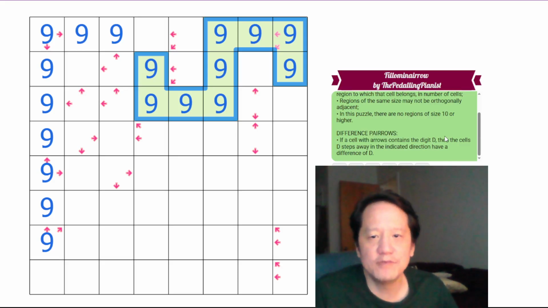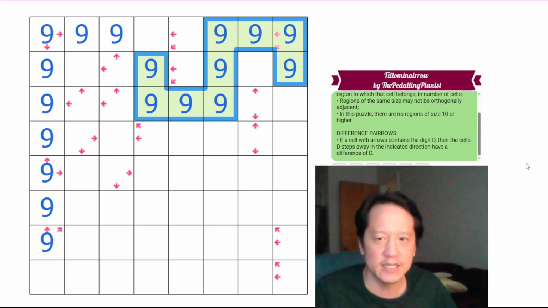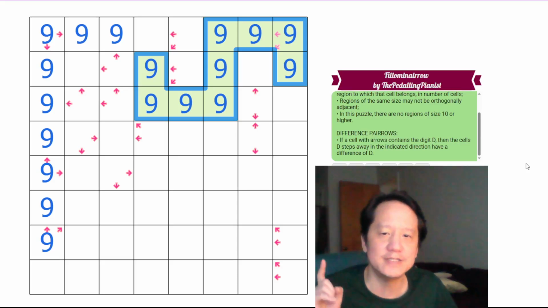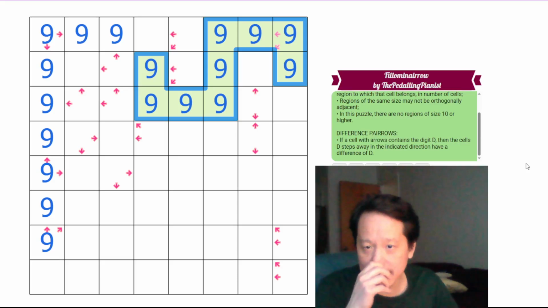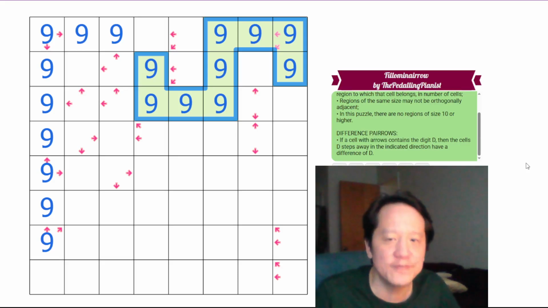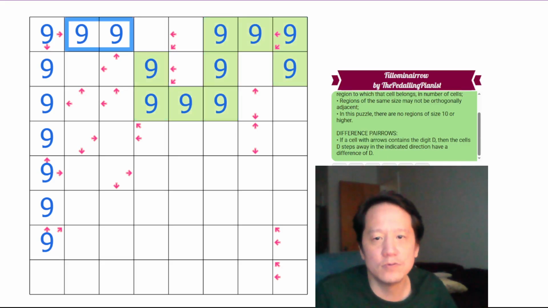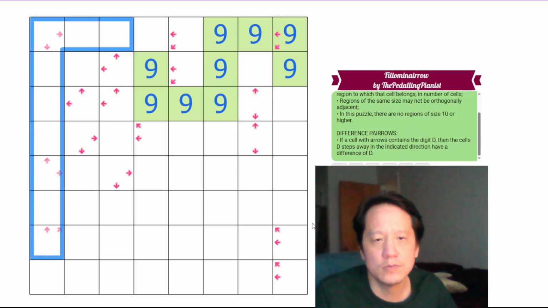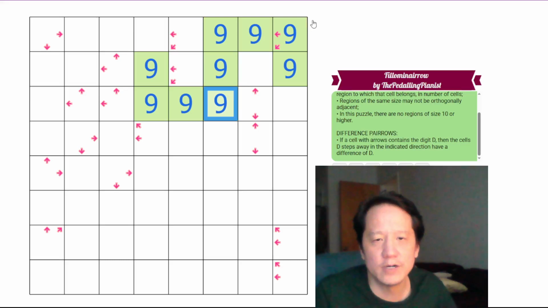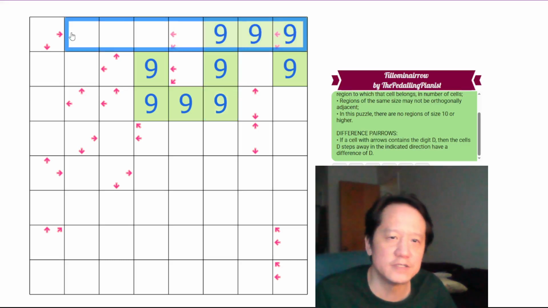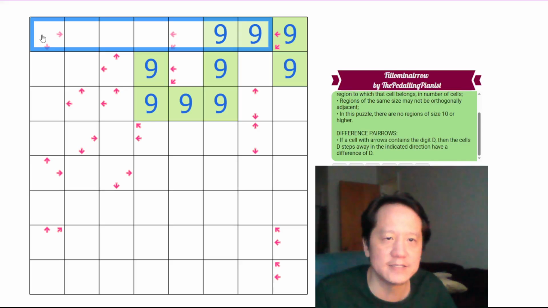We also have difference pairs, where if a cell with arrows contains the digit D, then the cells D steps away in the indicated direction have a difference of D. So, for example, well, this doesn't work because you can't have a cell that's 9 cells away.